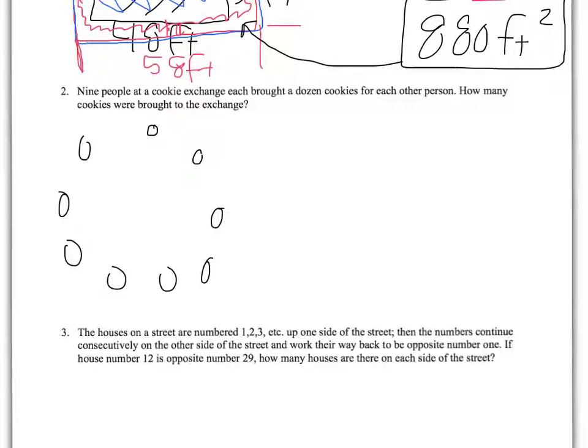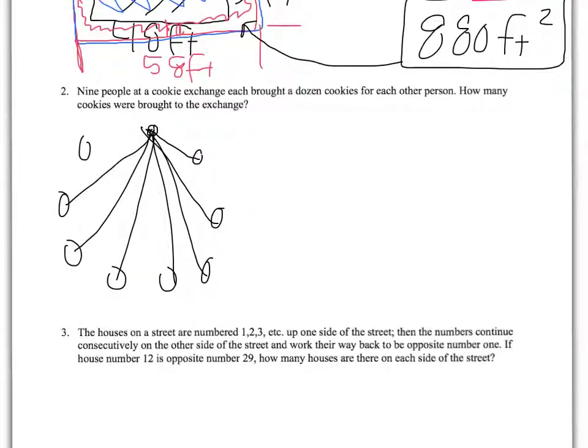Now, if we want to think how many dozen cookies the first person brought, they brought a dozen for them, a dozen for them, a dozen for them, a dozen for them, a dozen for them, a dozen for them, a dozen for them, a dozen for them. So each of these 9 people brought cookies for 1, 2, 3, 4, 5, 6, 7, 8 people, and they brought a dozen cookies for each of those people.